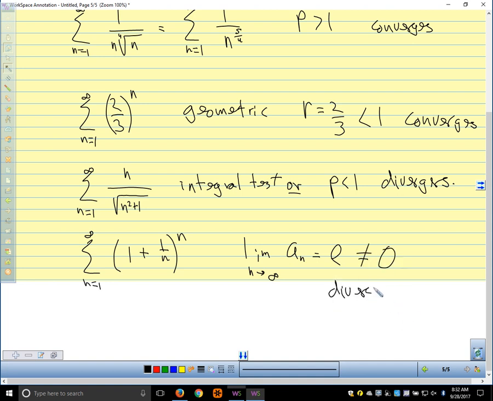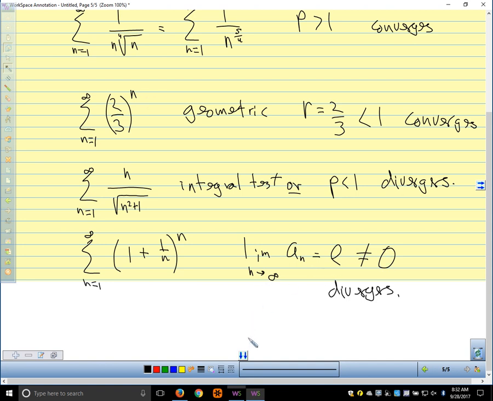Couldn't you also draw that as geometric-ish, always greater than 1? It would fail the geometric test too. It's not exactly geometric because for geometric you have a constant raised to an exponent, so you're not allowed to use that logic. But this is a nice argument.